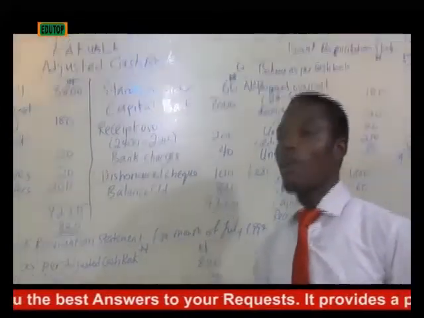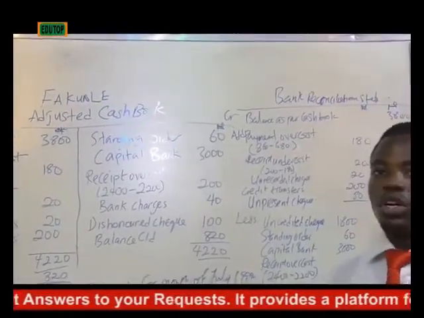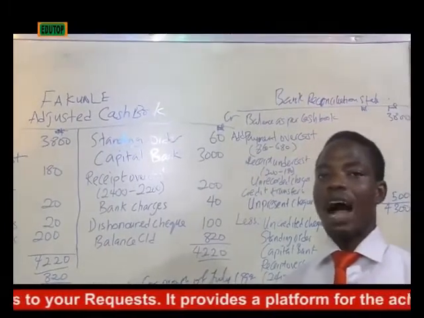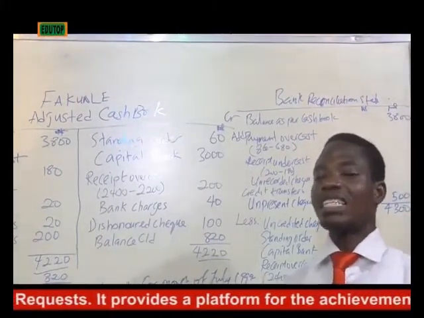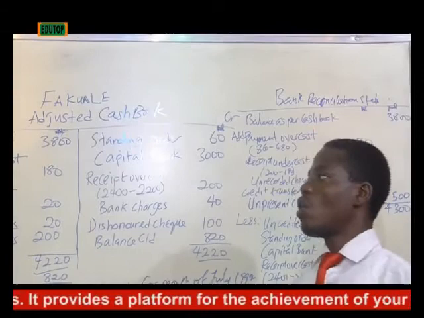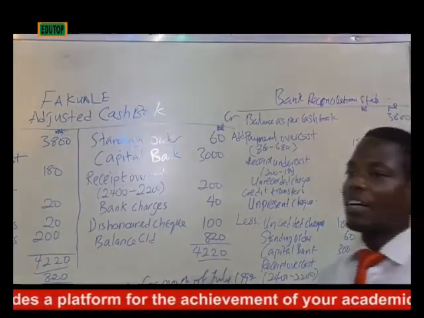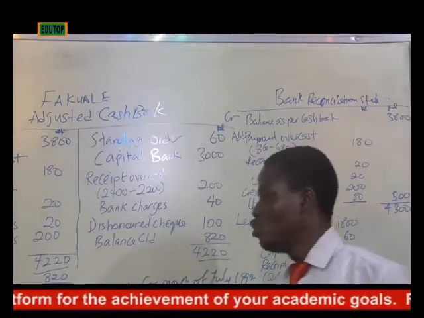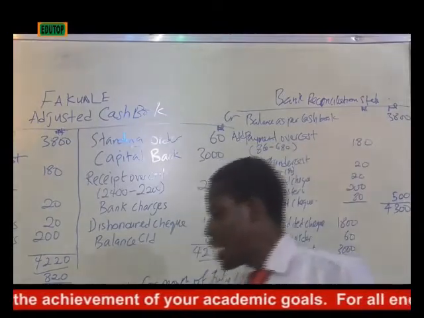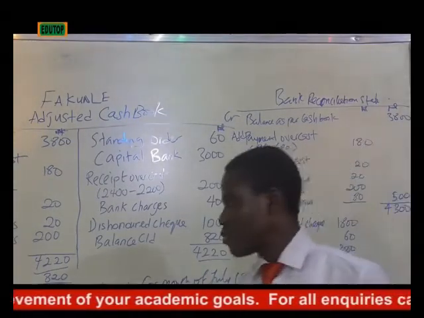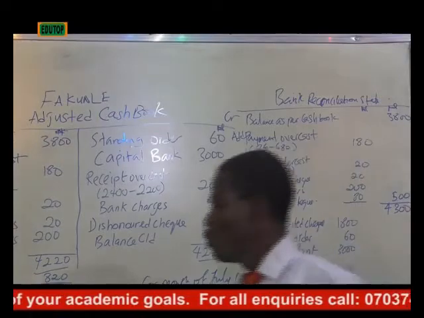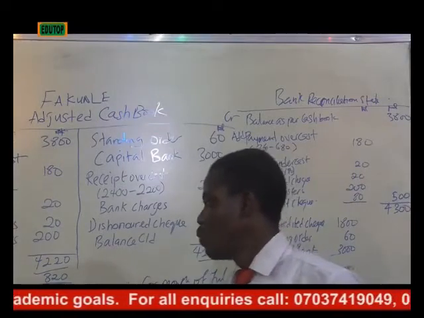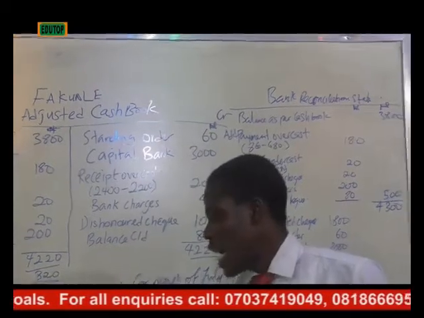So the question might come from any angle. You must be very careful and very conversant, and look at the instruction very well when you are tackling a bank reconciliation statement. Most of the time, you might be told to start with the balance as per bank statement, whereby you put this one at the top here, and then you put this one under here.